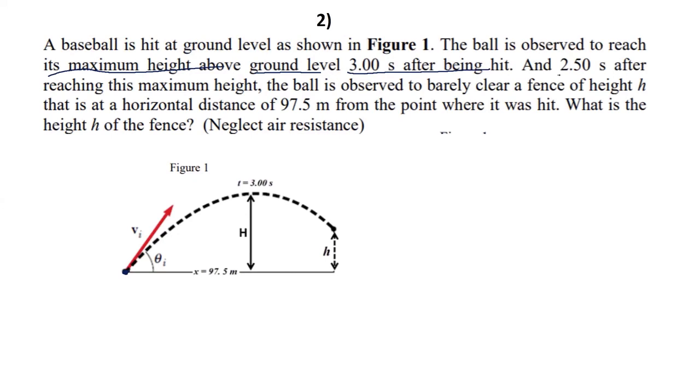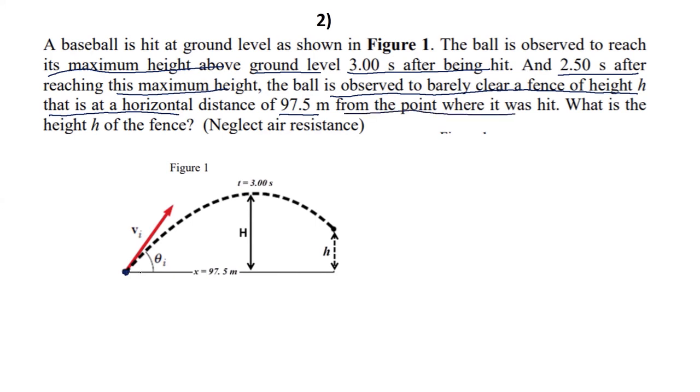And then 2.5 seconds after reaching the maximum height, the ball is observed to barely clear a fence of height h, that is at a horizontal distance of 97.5 meters from the point where it was hit.